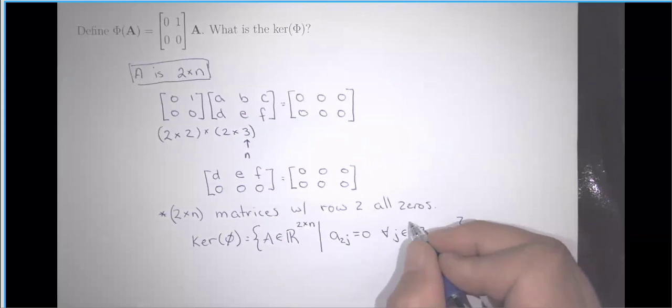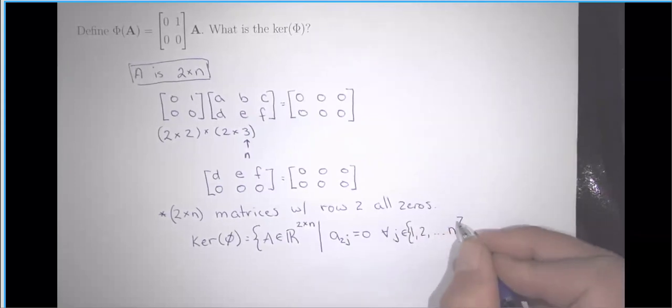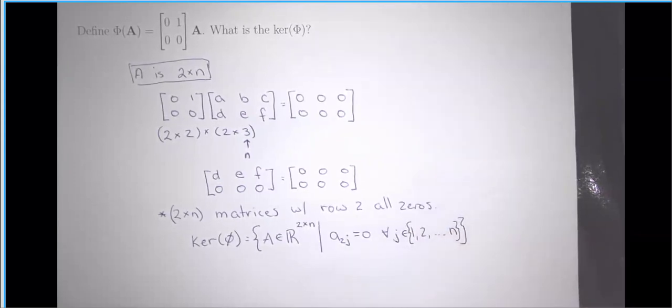I probably shouldn't have done set notation inside set notation, but you get the idea here. So for any integer j up to n, the second row jth entry has to be 0.